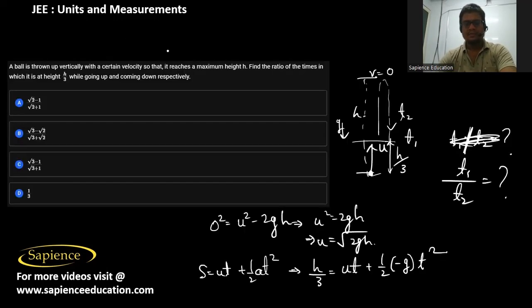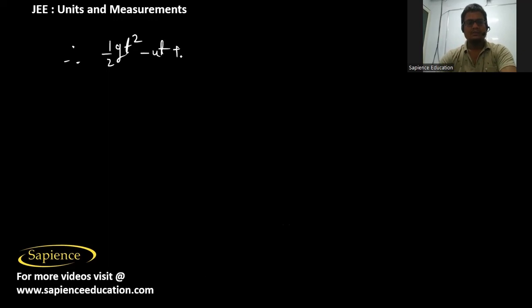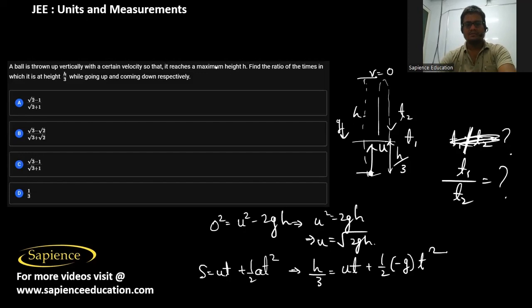So we can say half g t square minus ut plus h by 3 equals 0.